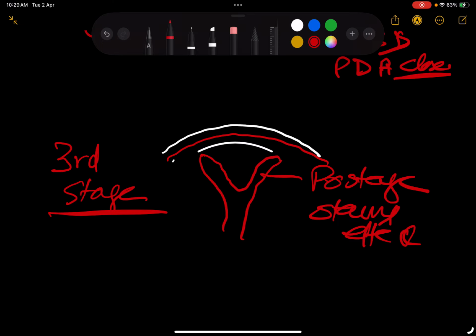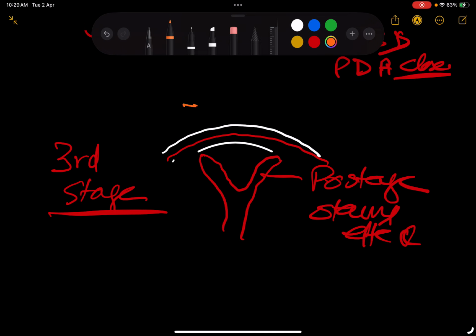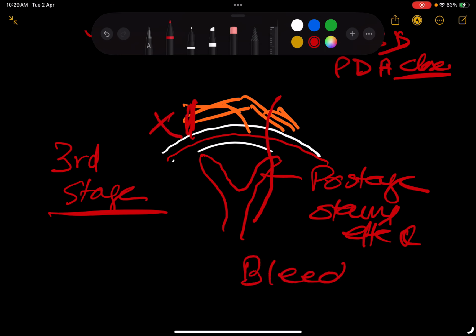Then the muscles in the uterus, which were just now showing the ratchet mechanism, will contract so hard that the blood vessels passing through them will get obliterated and the bleeding will stop.